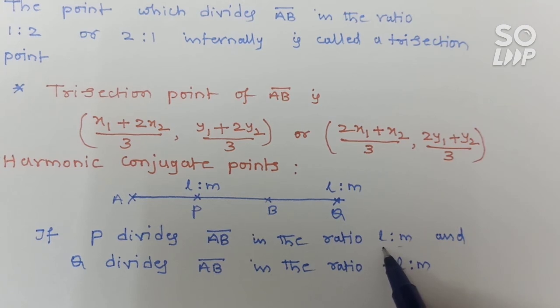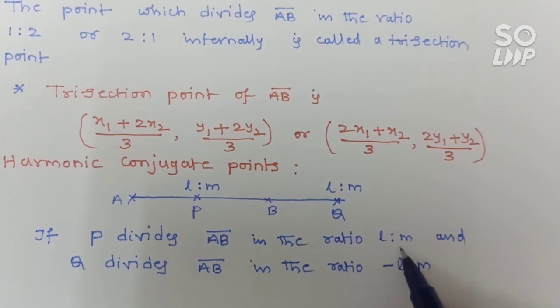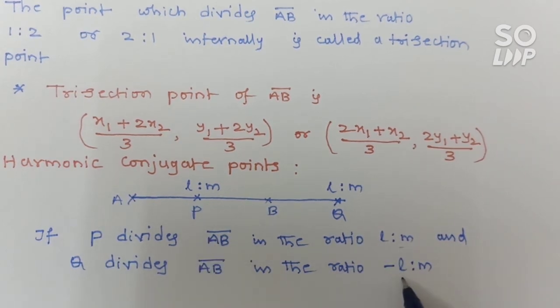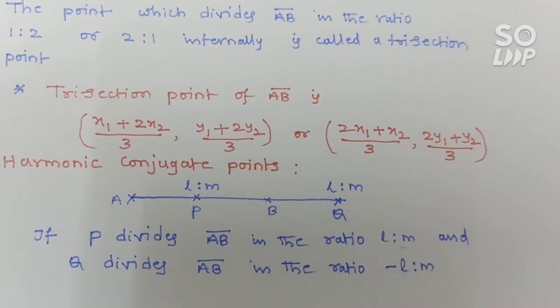In the above line, L is to M is only positive, so positive means the point is internal. If the ratio is negative, the point is external.